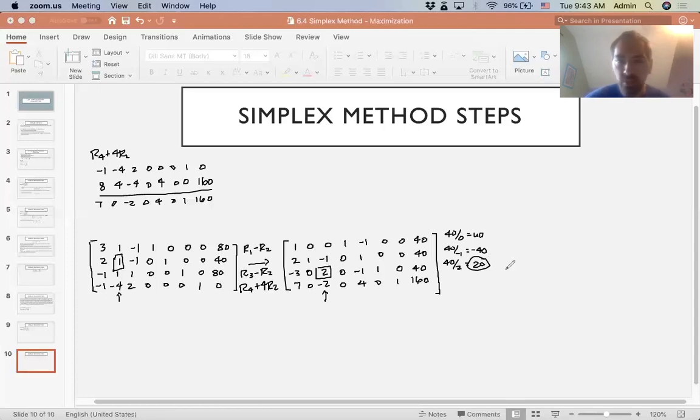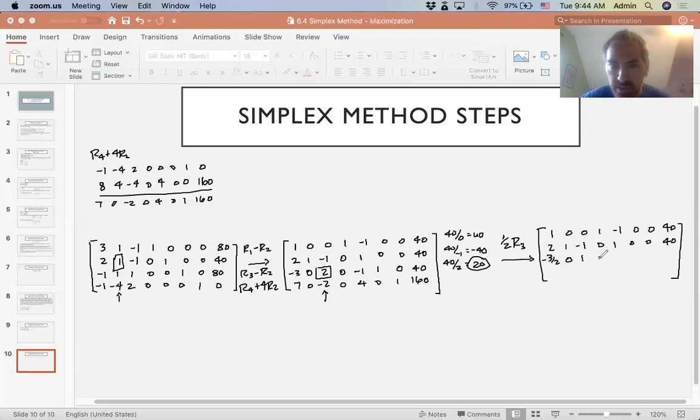We want that to be a 1, so we will multiply row 3 by 1/2. Everything else stays the same. So negative 3/2, 0, 1, 0, negative 1/2, 1/2, 0, and 20.